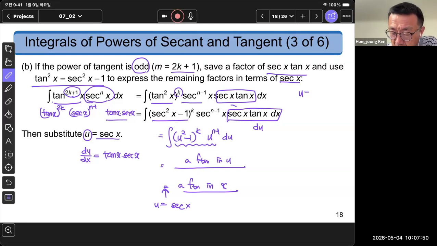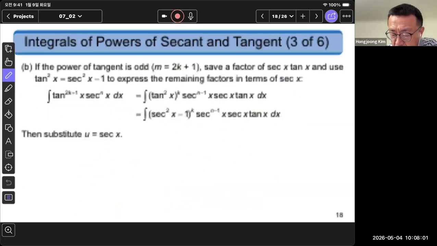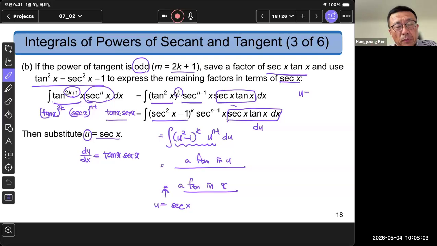Okay, formula A considers the case when the power of secant is even. And in formula B, if the power of tangent is odd, then we have a certain formula.